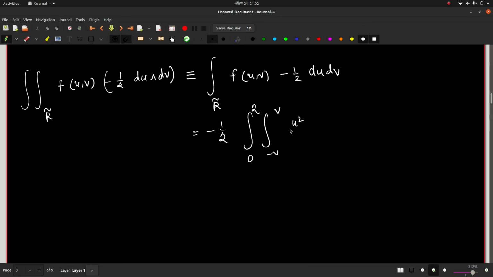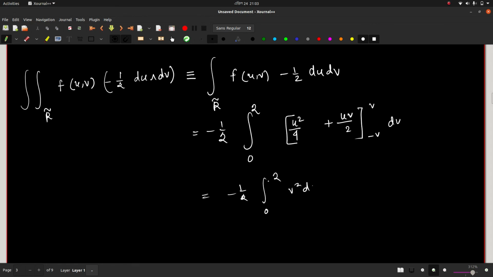And this will be u squared by 4 plus uv divided by 2. That means you put f of (u, v) as (u plus v) divided by 2, and then you integrate. If you do that, you will have this expression over here. Finally, you put the limits v and minus v, dv, and if you compute that, this will just be minus 1/2 times the integral from 0 to 2 of v squared dv.